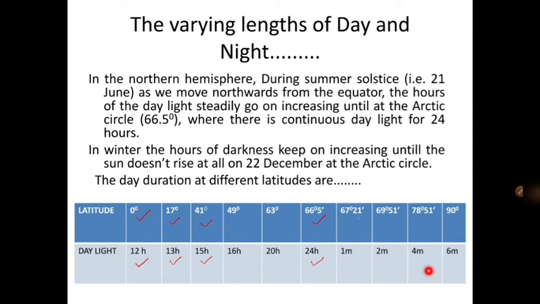For example, at 67 degree and 21 minute it is 1 month, at 69 degree and 51 minute it is 2 month, 78 degree and 51 minute it is 4 month, and at poles, that is 90 degree, it is of 6 month duration.